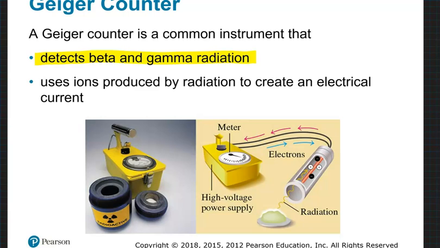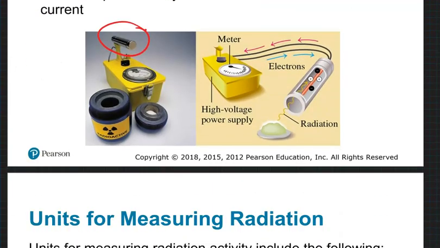What effectively happens when gamma rays or electrons or positrons hit this tube, this probe here, they form ions. And these ions are registered as an electrical current and give you counts.